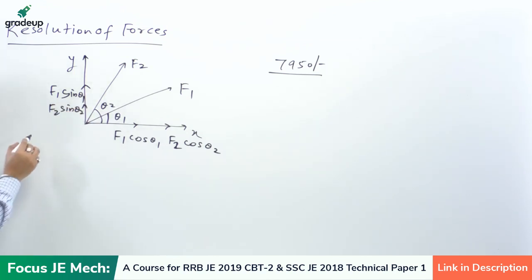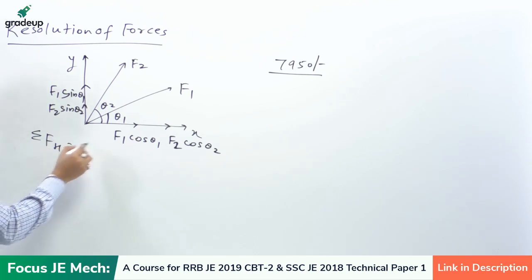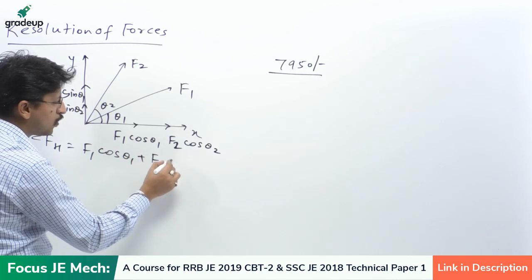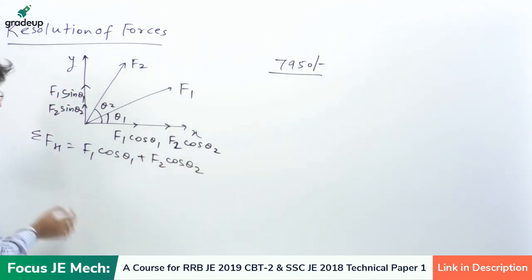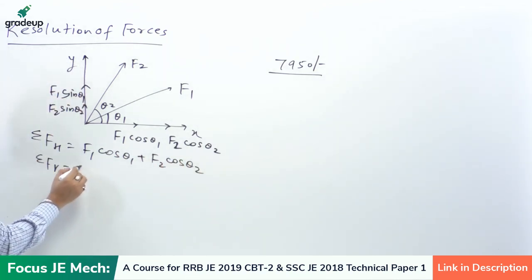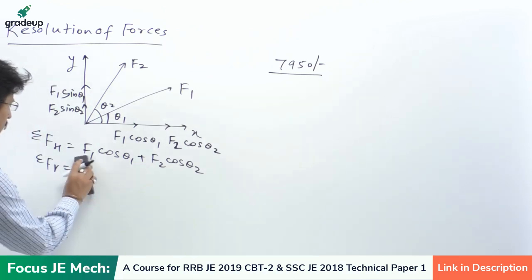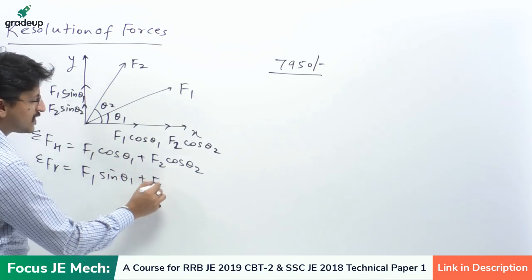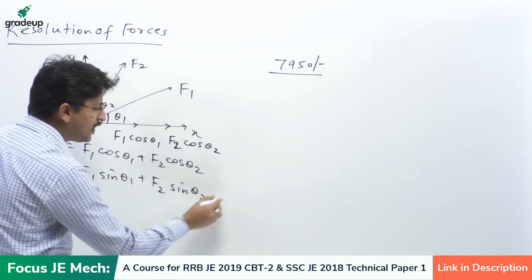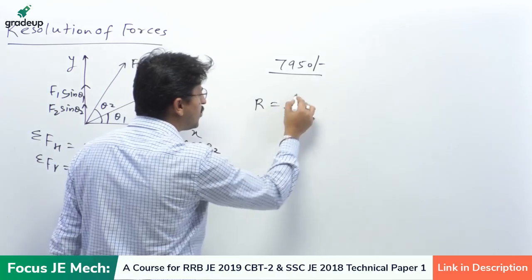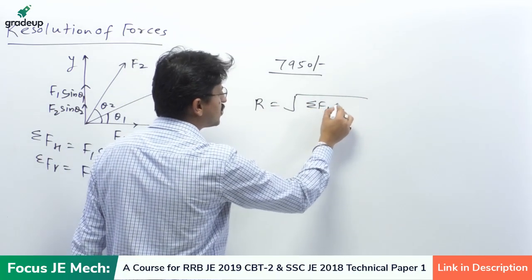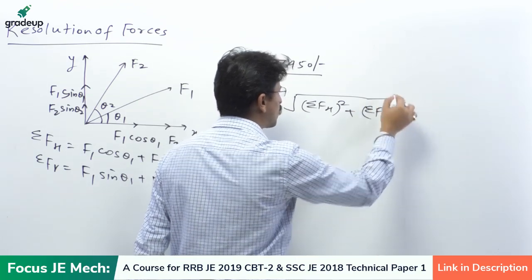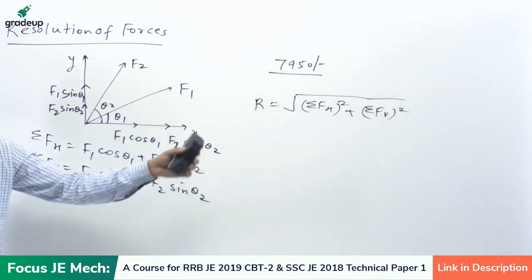So the summation of forces in the horizontal direction is F1 cos theta 1 plus F2 cos theta 2, and the summation of forces in the vertical direction is F1 sin theta 1 plus F2 sin theta 2. This is very much clear to everyone. Then you can find the resultant using the formula: square root of the summation of horizontal forces squared plus the summation of vertical forces squared. Clear? This is how the resolution of forces works.